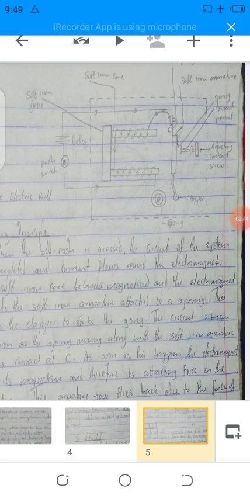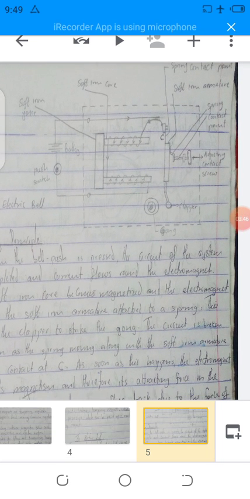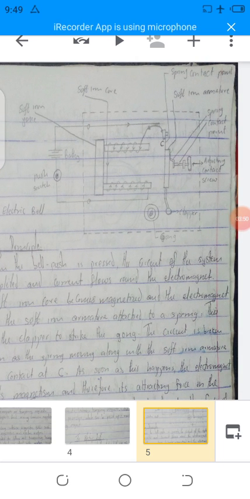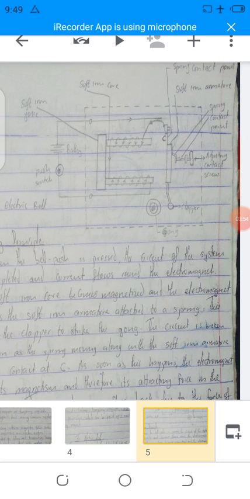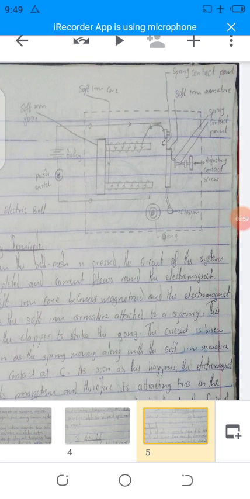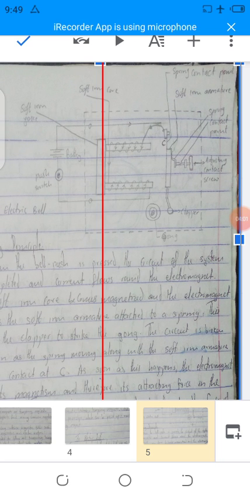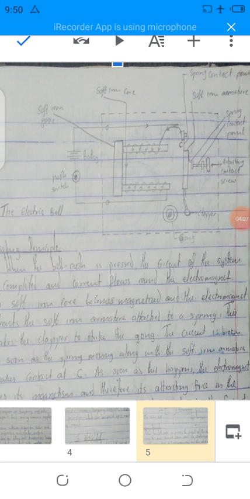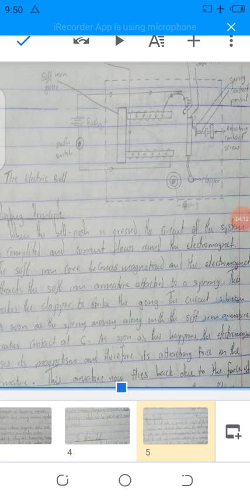The diagram you are seeing on the screen is the diagram of an electric bell. If you look at this diagram, you have three irons. Number one is the soft iron yoke. As you can see, it does not carry any wire. Number two is a soft iron core, and the third one is also a soft iron core.